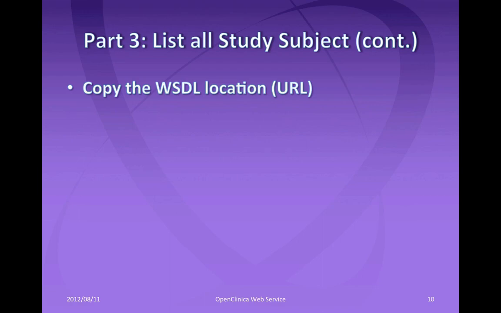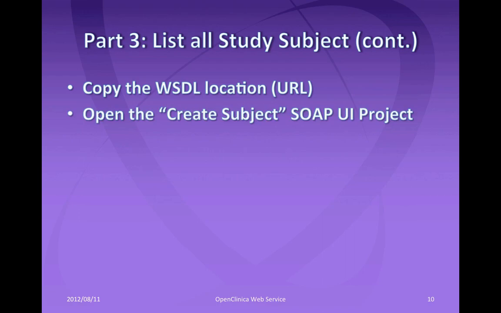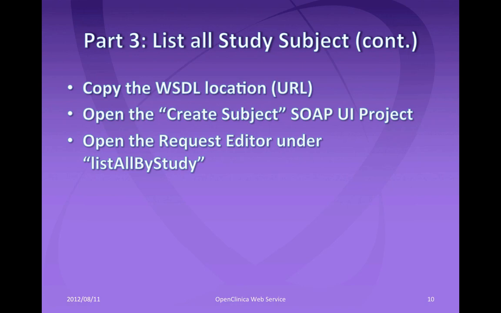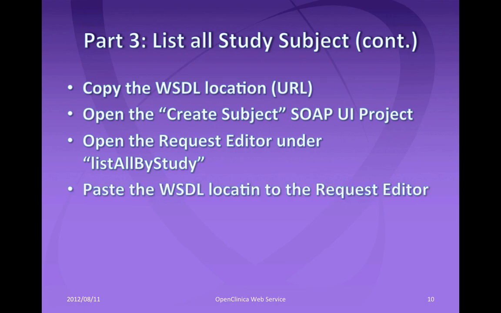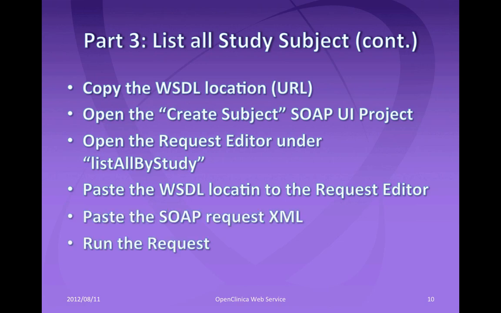Because list all study subject uses the same WSDL we used for create subject, you can reuse the SOAP project you already created. Just open the project if it is not already open. Open the request editor under list all by study. Like last time, you must edit the WSDL endpoint since the default is generic. Then paste the SOAP request XML you built and run the request.